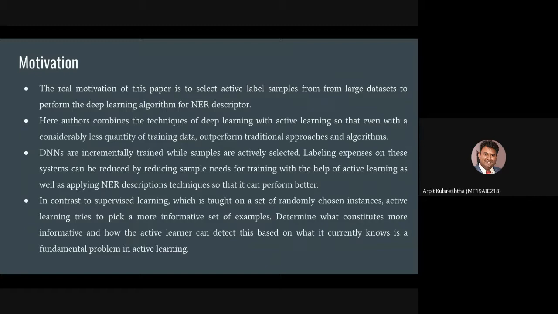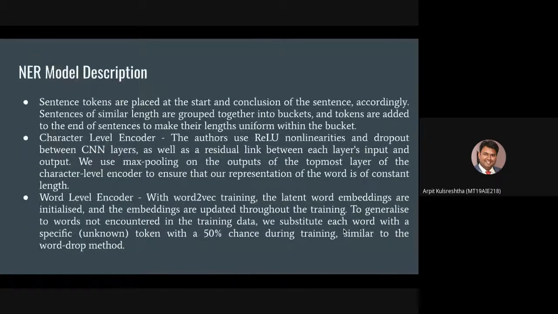With the help of active learning approaches, we pick the more important samples and give them to DNN training. Before that training, we apply some NER model techniques to improve the data sets.